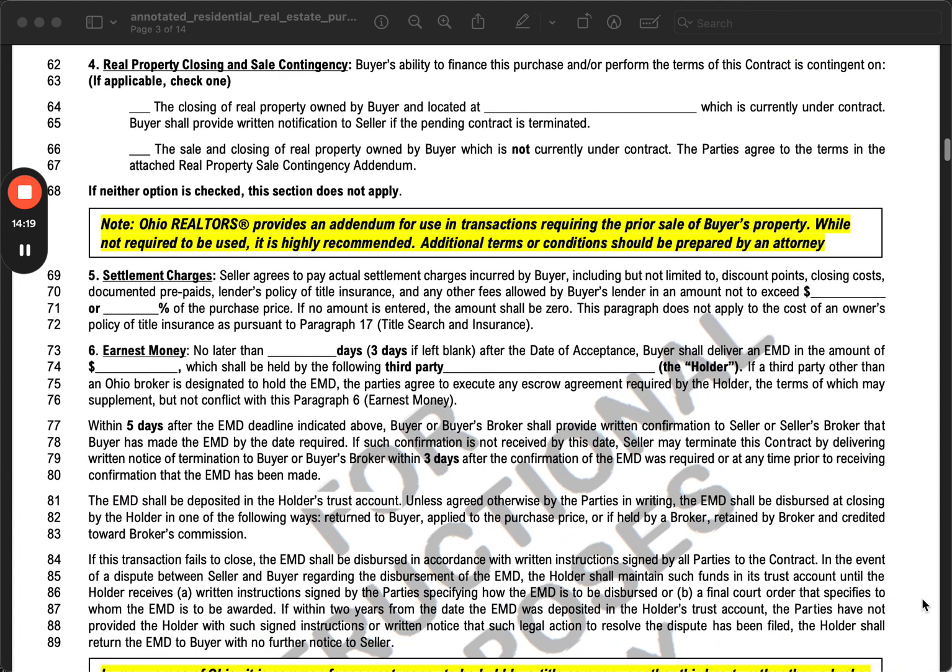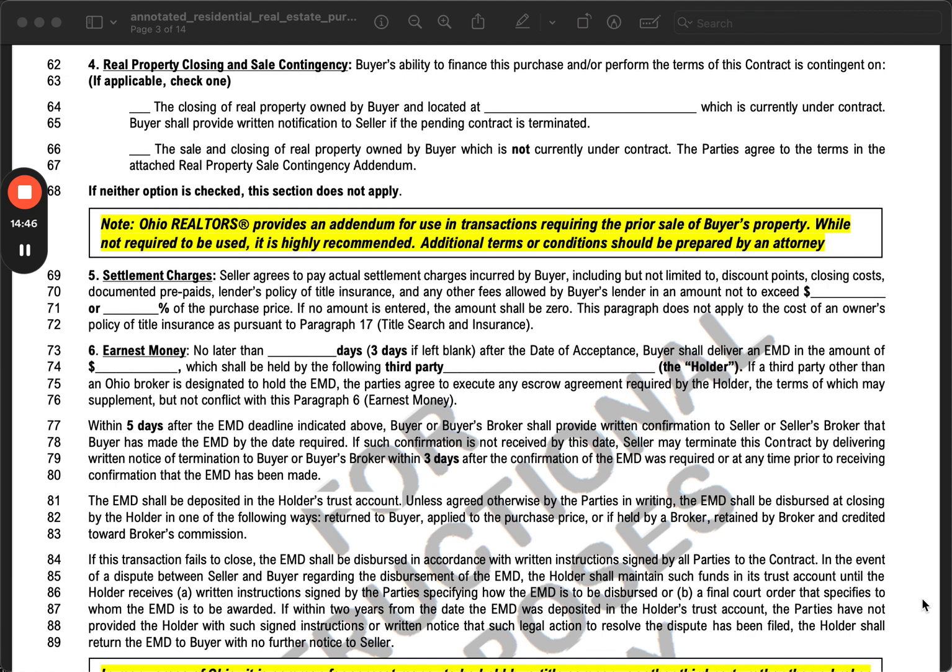Line 62, number 4, real property closing and sale contingency. The buyer's ability to finance this purchase and/or perform the terms of this contract is contingent on, if applicable, check 1. Line 64. The closing of real property owned by the buyer and located at, this is where you would put the home address of the buyer, which is currently under contract.